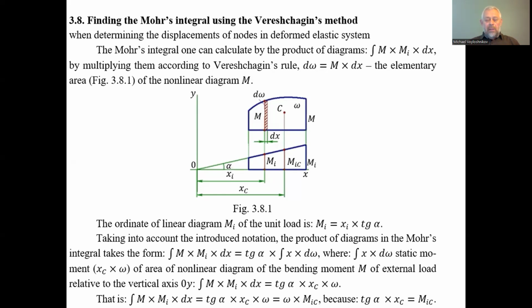The Mohr integral consists of the product of diagrams in the numerator in the integrand, and the increment of the variable is the coordinate along the axis coinciding with the element of the mechanical system which we consider.